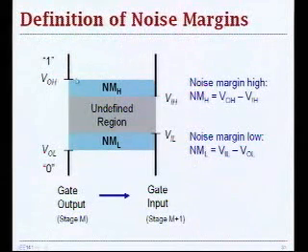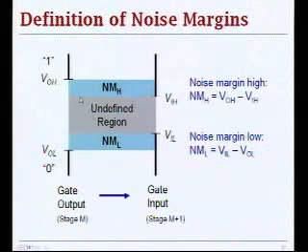So you have this range between these nominal values, and you need to make sure that the output of a gate, when it's driving the next stage and is corrupted with noise, will still be interpreted as logic 0 at the input of the next gate. The difference between these two values defines noise margin low.